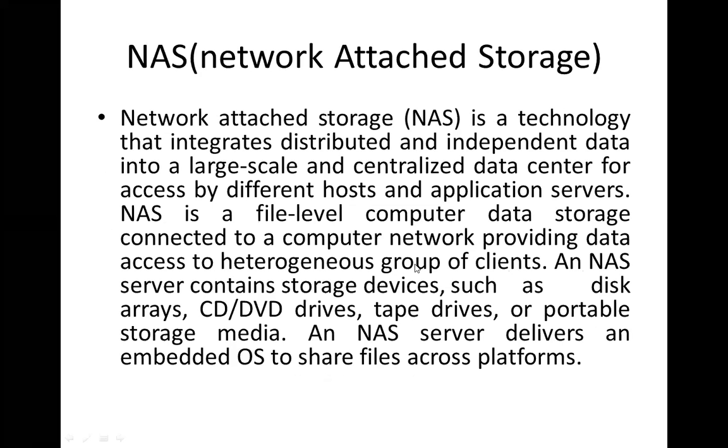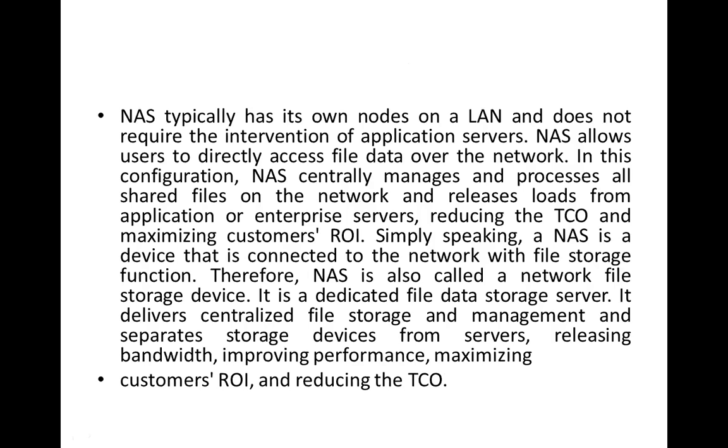So this network attached storage server contains every kind of heterogeneous devices. Network attached storage delivers an embedded operating system to share files across platforms. Why does it need an embedded operating system? To share files across different platforms. NAS typically has its own nodes on a local area network.